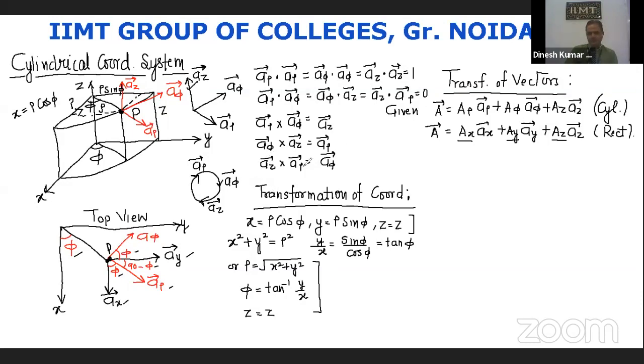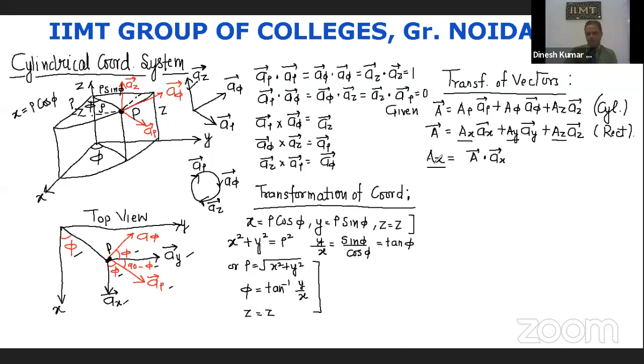These components can be calculated like this. Ax will be vector A dot ax. What does it mean? It means the component of a vector in a desired direction.